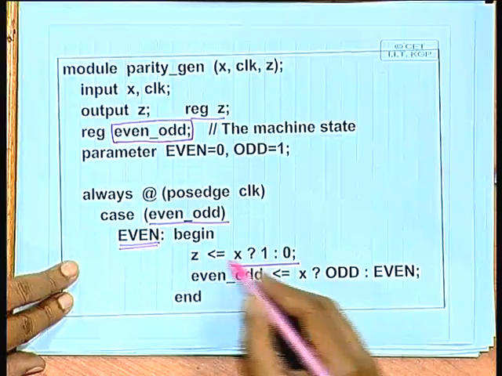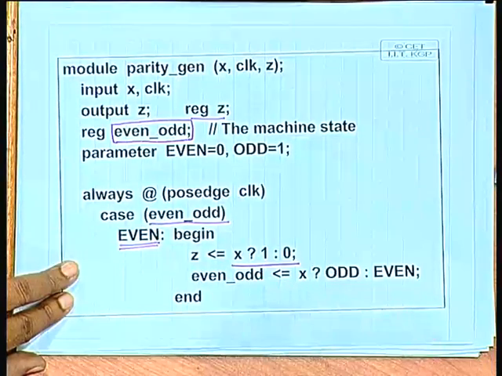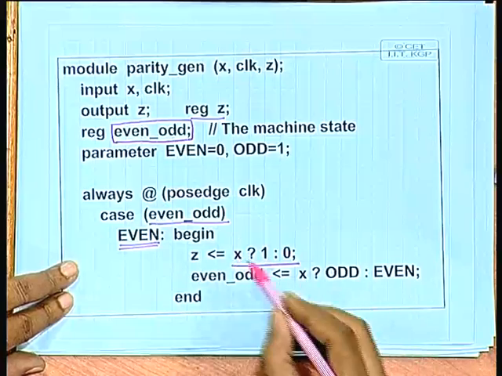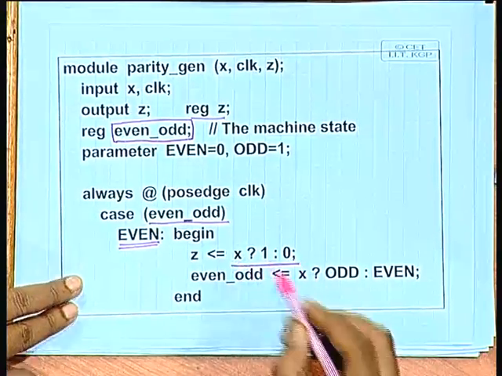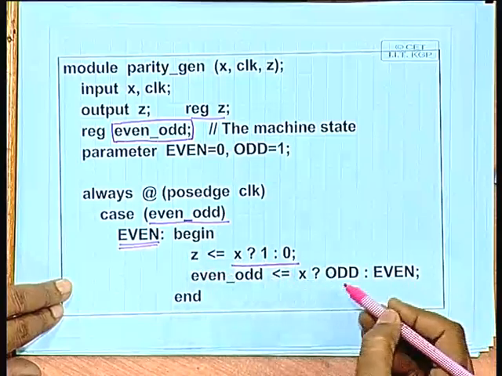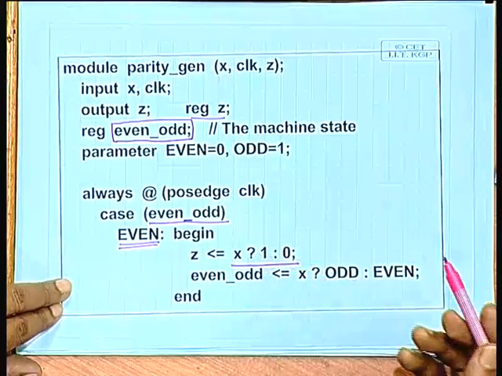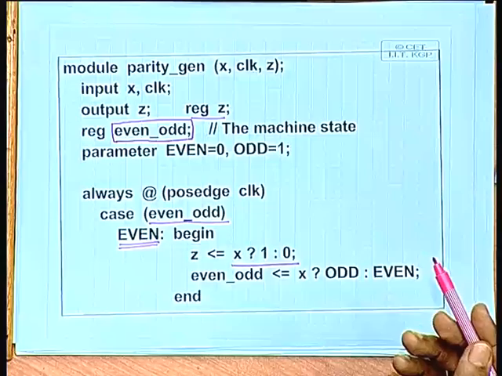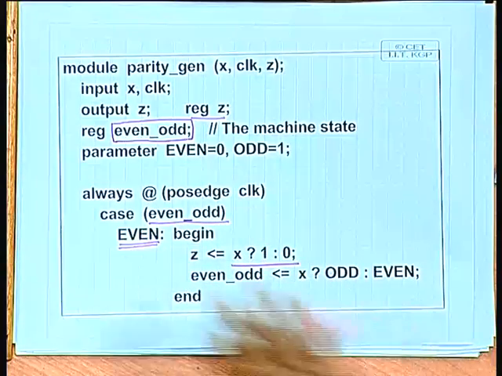Okay. So, the style of modeling here is the first one we have mentioned, using non-blocking assignments, where both the output logic and the state will be synthesized as flip flops. Similarly, if the state is odd, we do a similar thing.